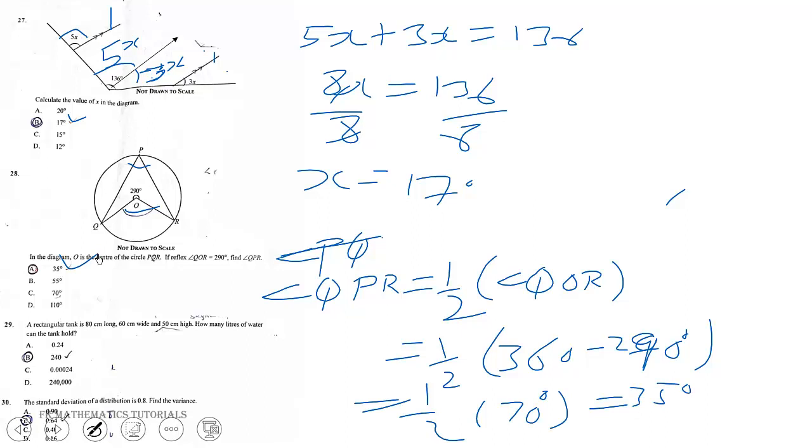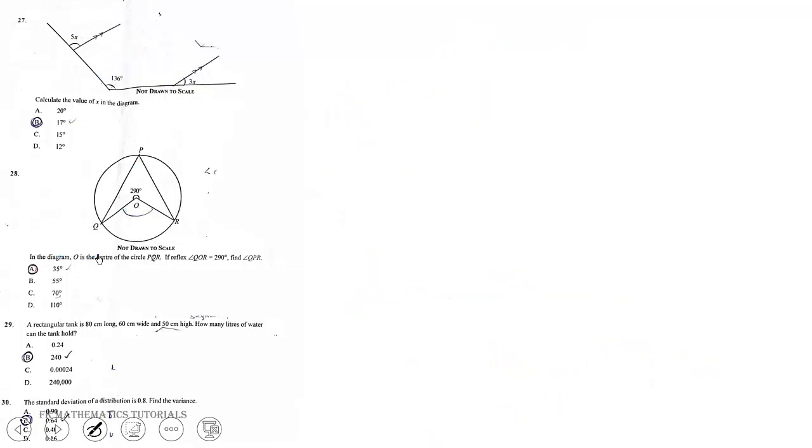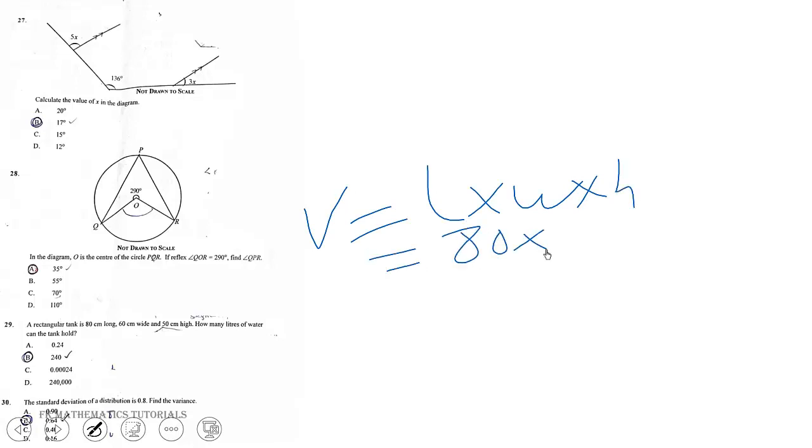A rectangular tank is 80 centimeters long, 60 centimeters wide, and 50 centimeters high. How many liters of water can the tank hold? So talking about liters, we are calculating volume. Volume of the tank is length times the width times the height. So that will give us 80 times 60 times 50 centimeter cube.